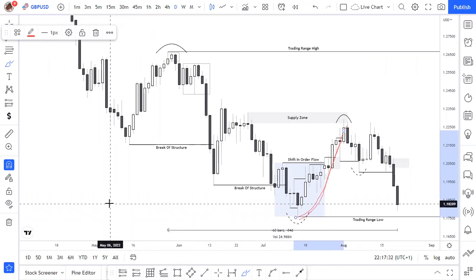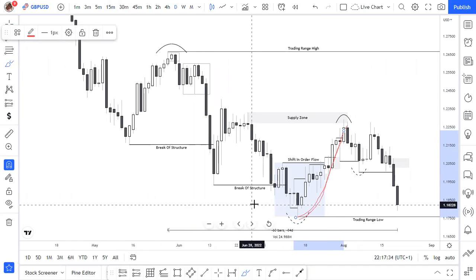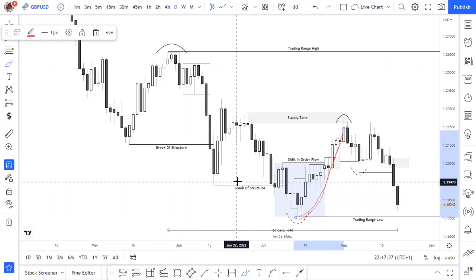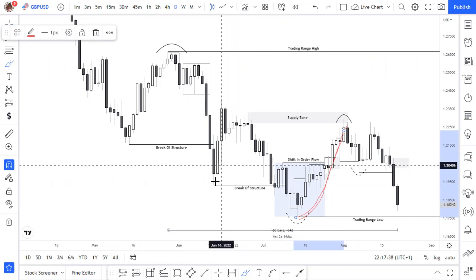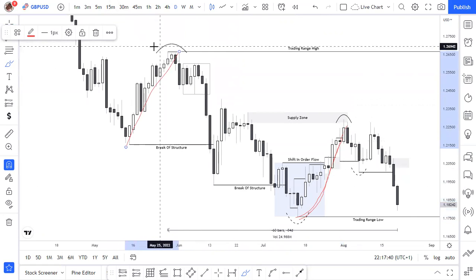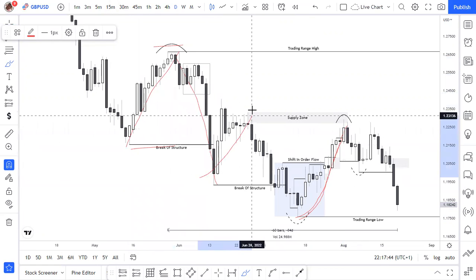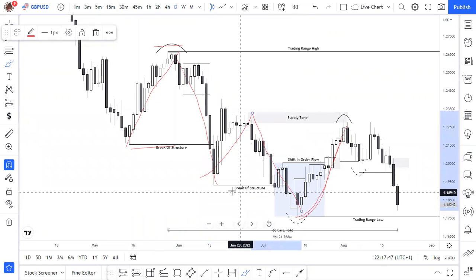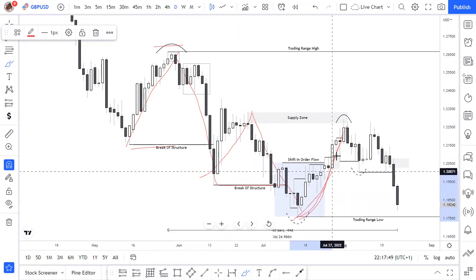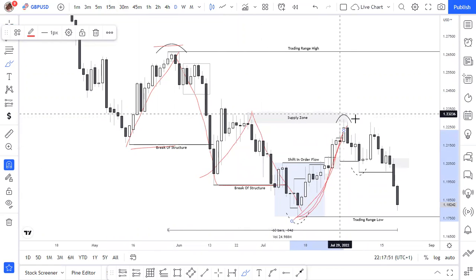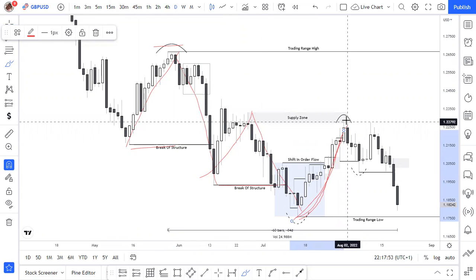And if the structure of the market is bearish, we normally just expect price to make lower highs and lower lows. So we have this lower high here, a lower low, another lower high, a new lower low, and now price was in that lower high phase. That's what we were looking at.